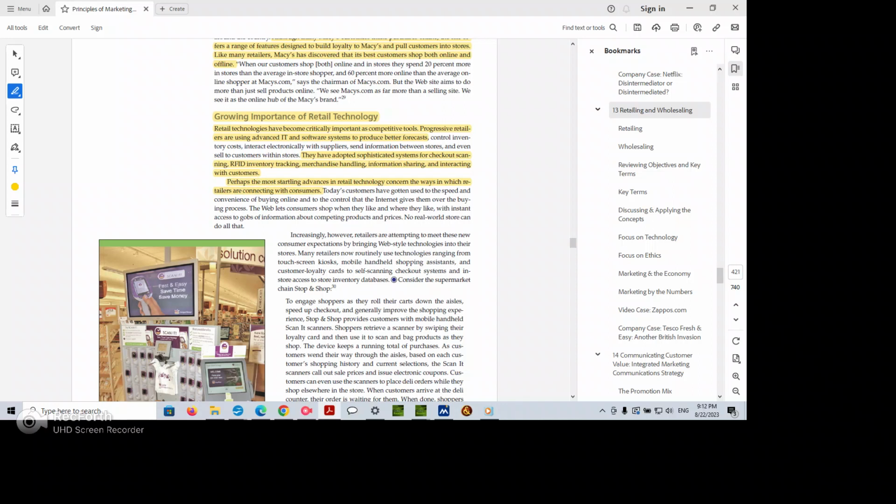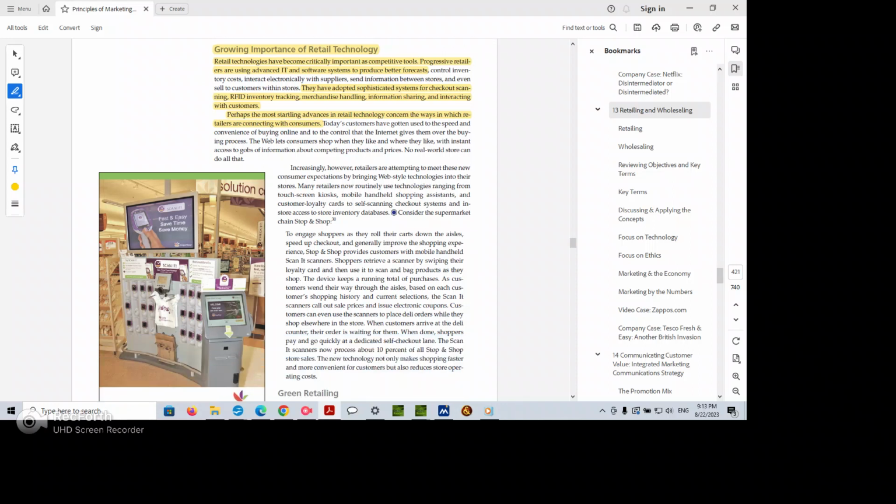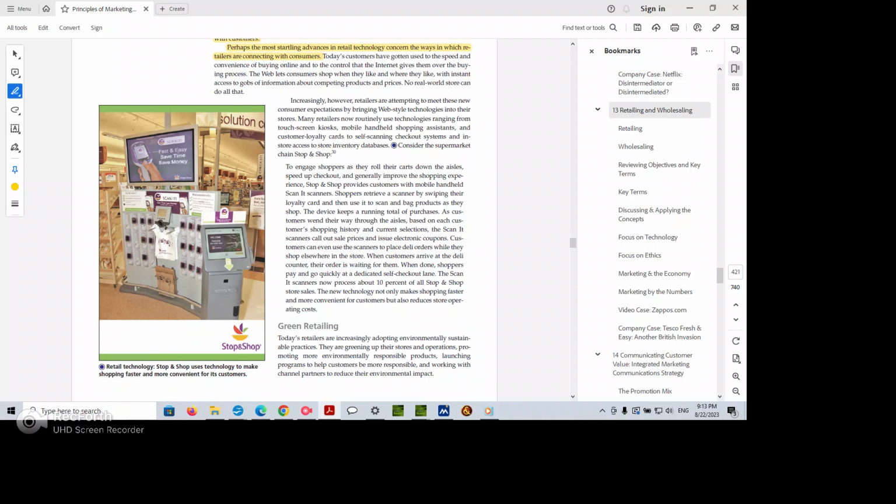Today's customers have gotten used to the speed and convenience of buying online and the control the internet has given them over the buying process. The web lets consumers shop the way they like and where they like, with instant access to information about competing products and prices. No real-world store can do all that. Increasingly, however, retailers are attempting to meet the new consumer expectations by bringing web-style technologies into their stores.